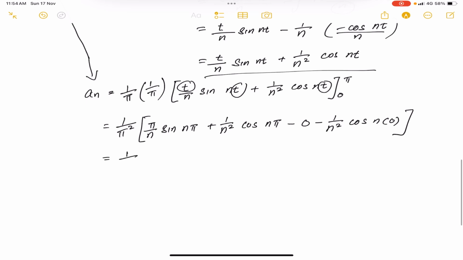Then you will get 1 over pi square. So this one you will get 0. This one remain, this one 0, cos n0 is 1. So at the end you will get 1 over n square cos n pi minus 1 over n square.